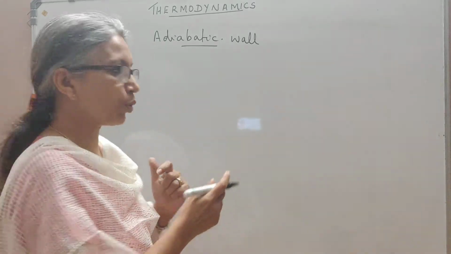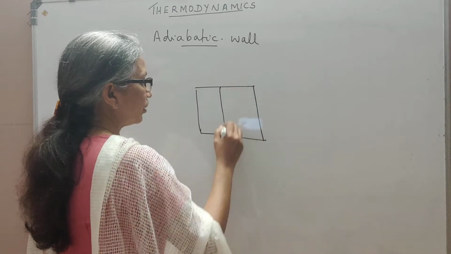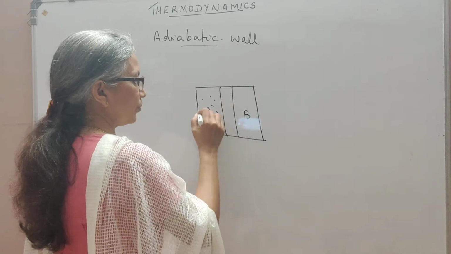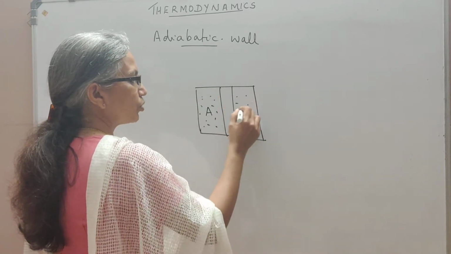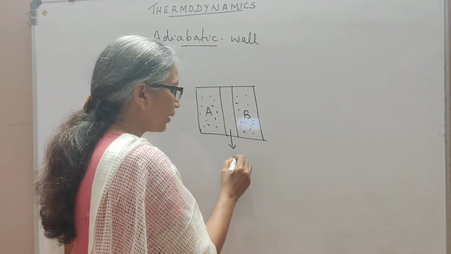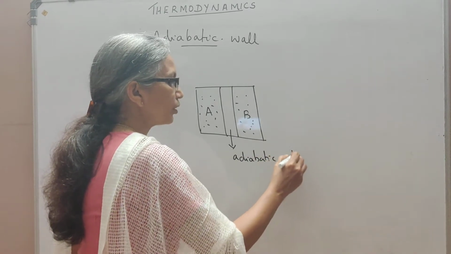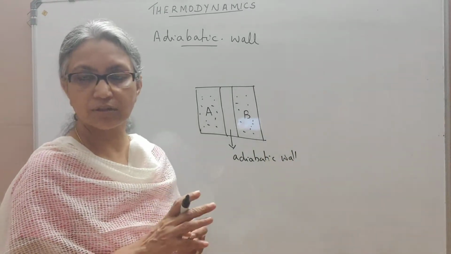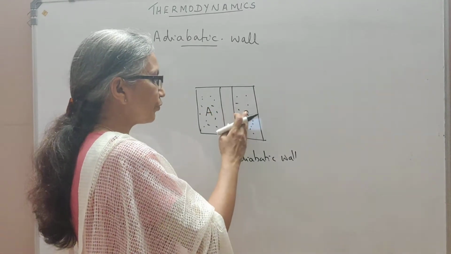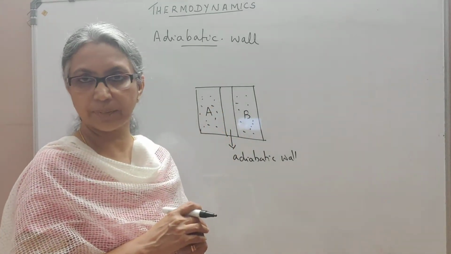For example, if you have two systems, two containers with two gases, A and B, at different temperatures, but they are separated by an adiabatic wall, no heat is allowed to be transferred between the two systems A and B.